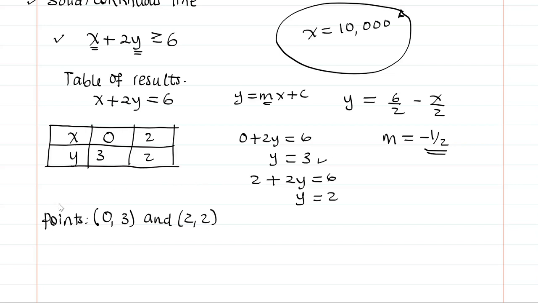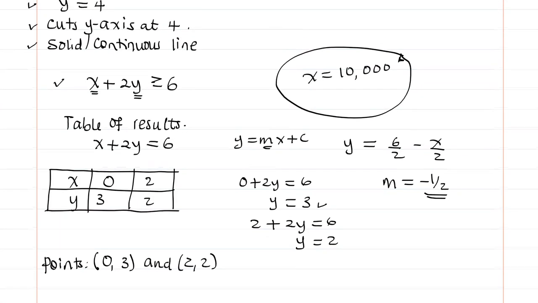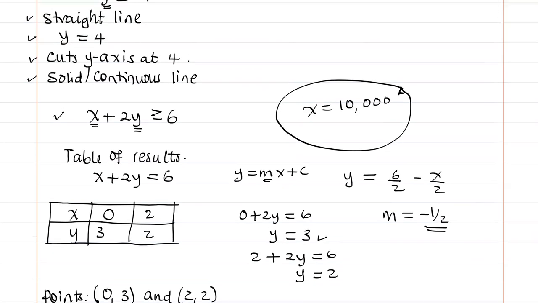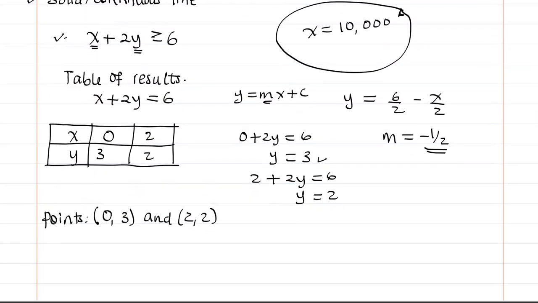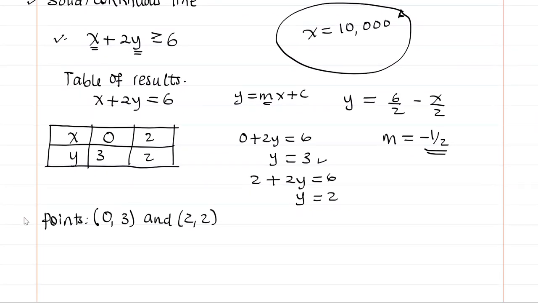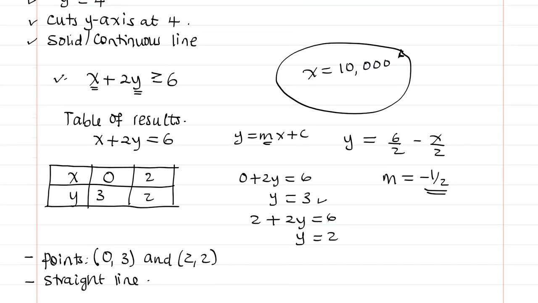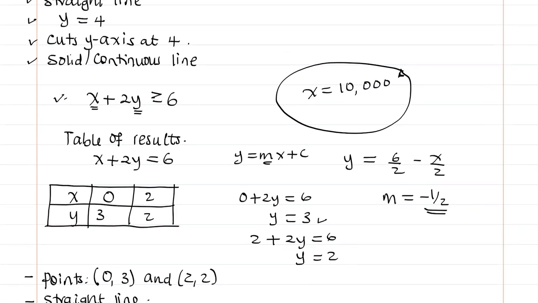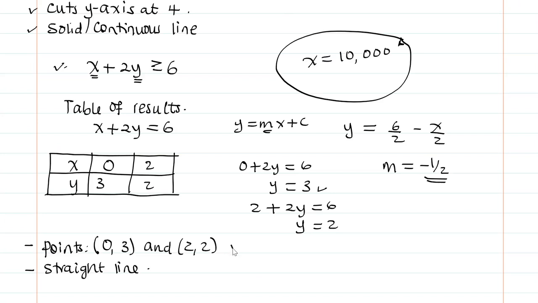That is 1. And again, the other properties are the same. It is a straight line. So this is one fact. Another fact is that it will cut the x-axis and the y-axis at the points that we have deduced here. And it is a solid line simply because it is more than or equal to.